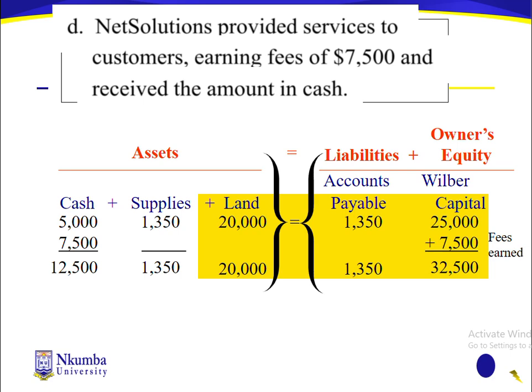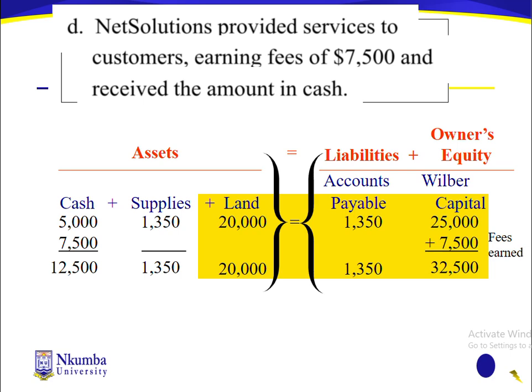You debit the bank account and credit the fees account, which is sales. Whenever you credit sales, they increase what we call the capital account. Wherever you make a sale, any sale increases the equity account. Any expense decreases the equity account. Okay, that's what you need to note.